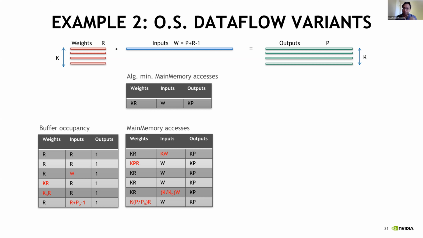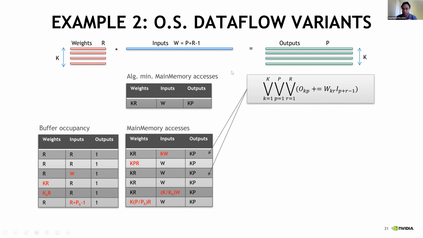But then, depending on how you write out your loop nest, which is shown by some of these compacted loop nests, right? So depending on how you write out these loop nests, you can have a ton of variations in the number of actual main memory accesses that you get and the buffer occupancy or the tile size at each buffer, okay?